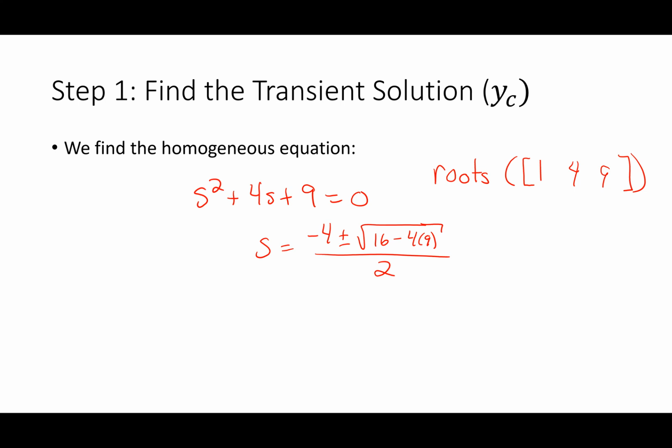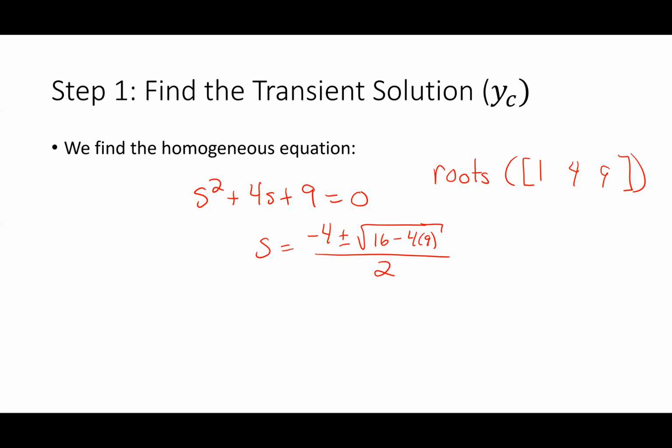Right off the bat, is he underdamped, overdamped, critically damped, or undamped? Underdamped. How do you know it's underdamped? 4 times 9 is 36. So 16 minus 36 is going to be negative, right? So the term under that square root sign is negative. That means I'm going to get a complex set of roots.